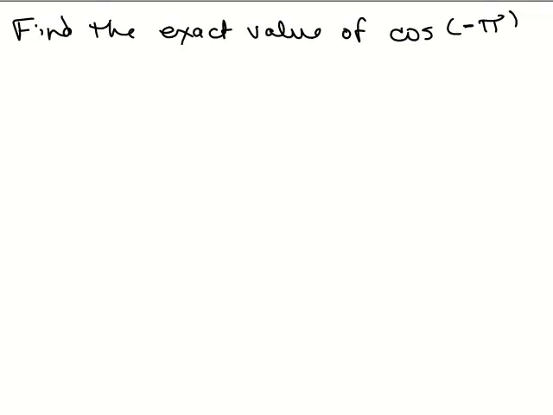All right, let's find the exact value of the cosine of negative pi. So I'll draw a picture again. And we want to do negative pi, so that's the same as negative 180 degrees. It's this way. So we may as well choose the point -1, 0.